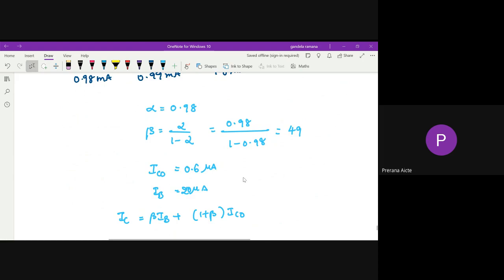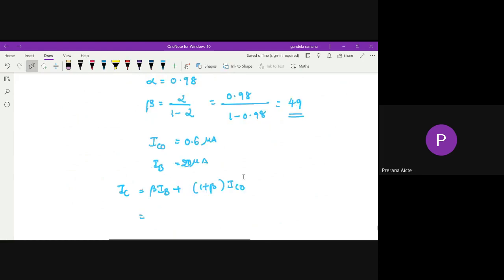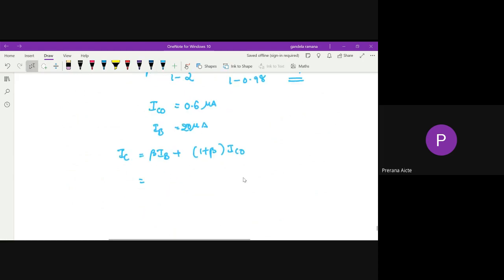This beta value is 49, into, what is the IB value? 20 microamperes. So 20 into 10 power minus 6, plus (1 plus the beta value 49).